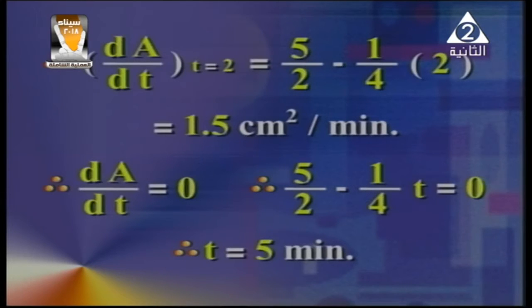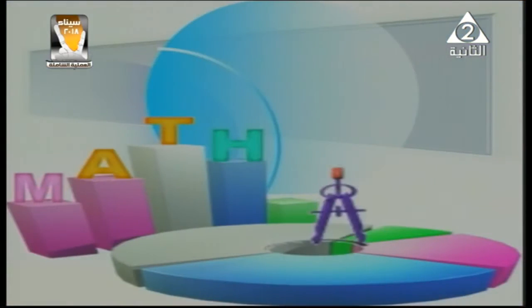At t equals 2, dA over dt equals 1.5. When t increases to reach 5 minutes, dA over dt equals 0, or A vanishes when t equals 5 minutes.